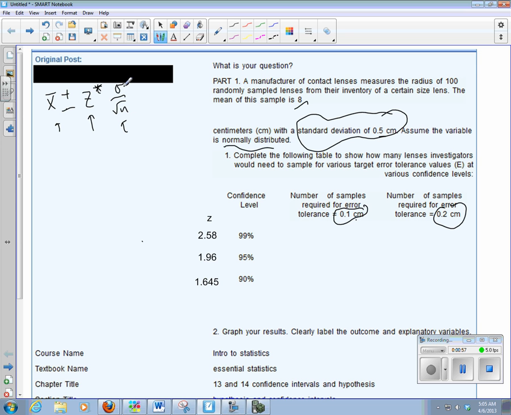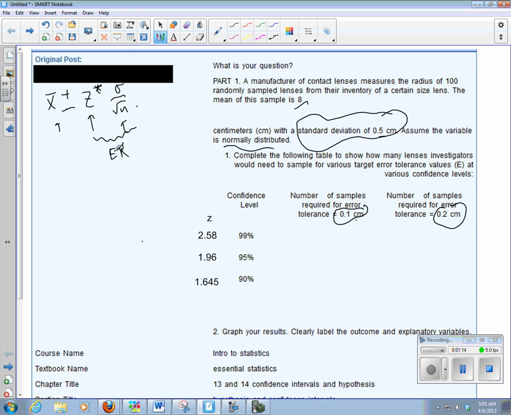You take the standard deviation and divide it by the square root of the sample size. Now this part here is the margin of error. That's the plus or minus.